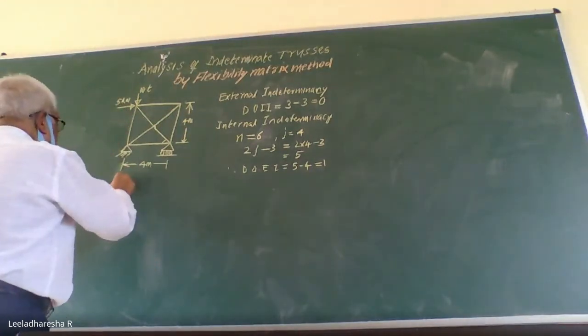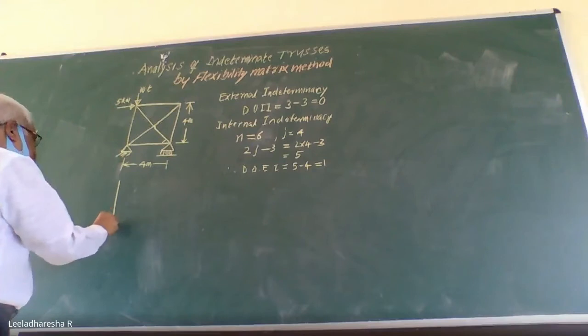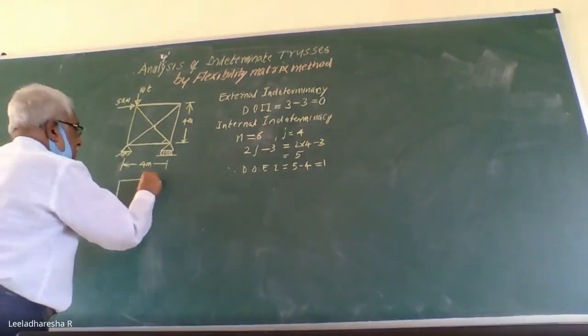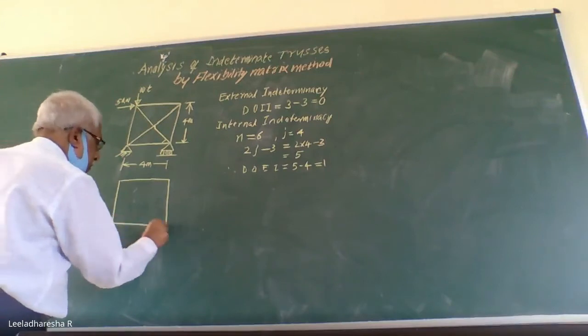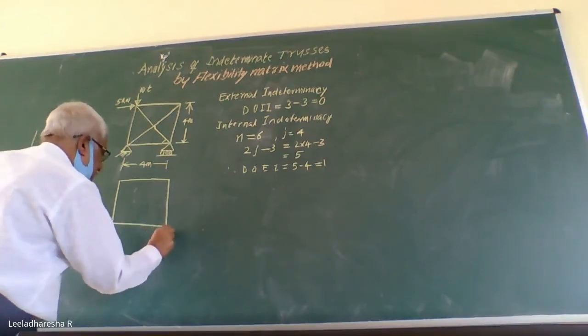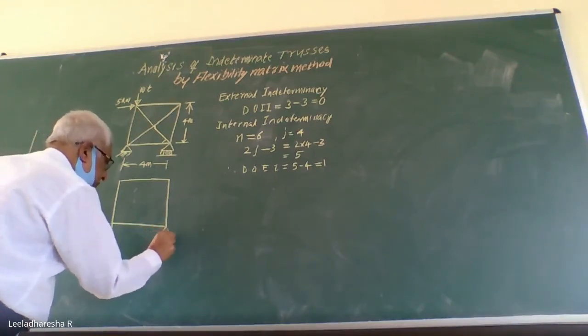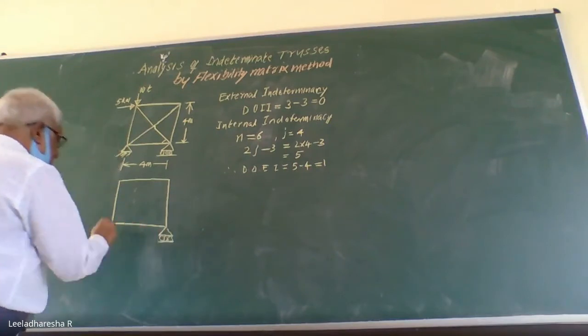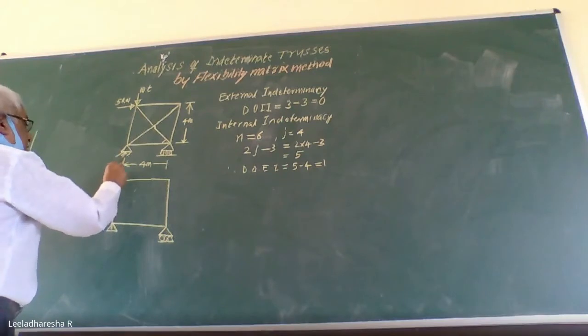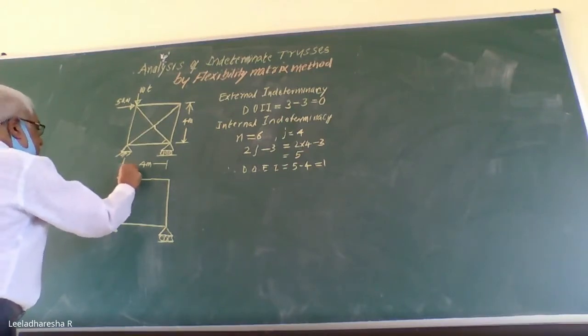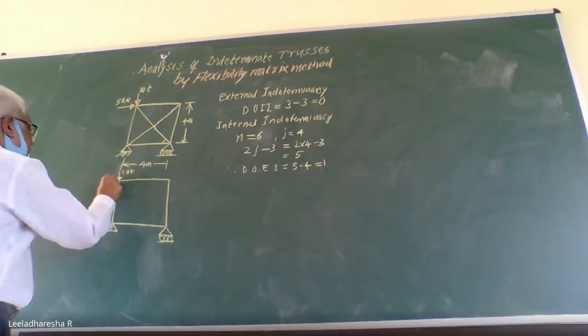Now my determinate structure will be a released structure with a roller support and a hinge support at A, and external loads of 10 tons and 5 tons.